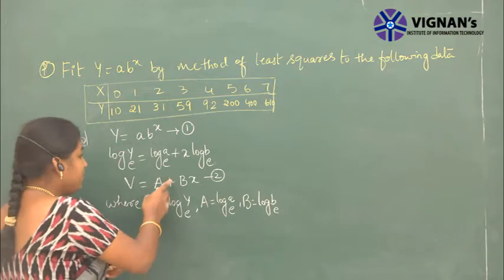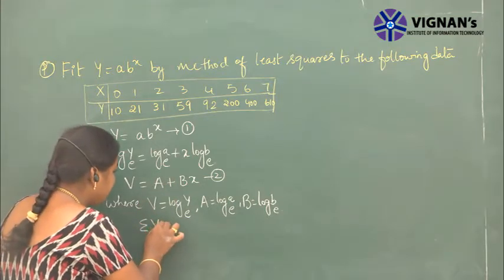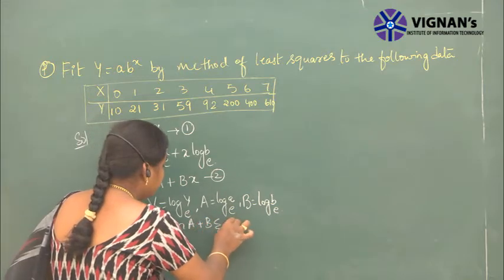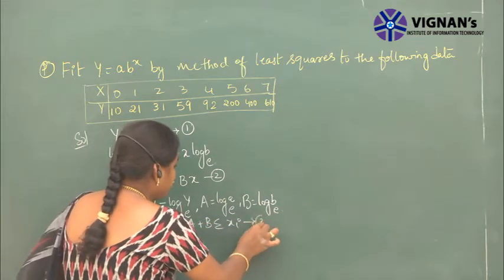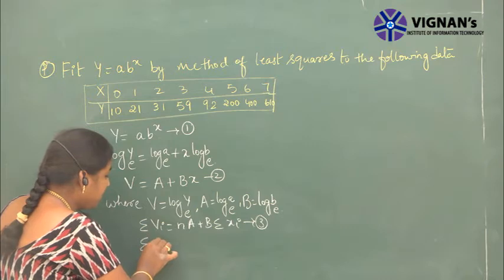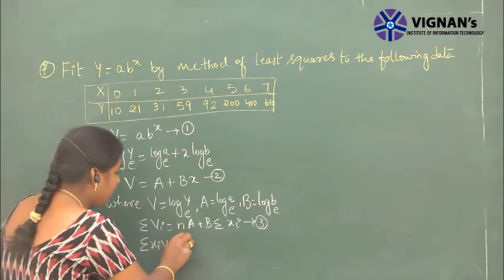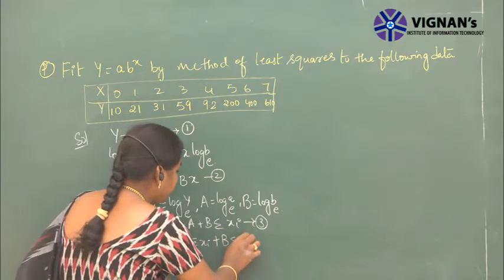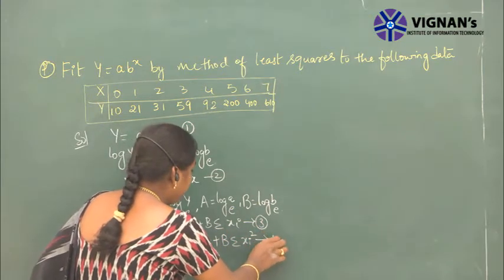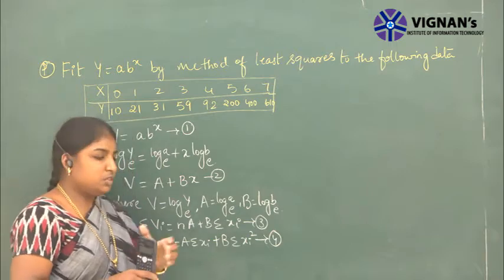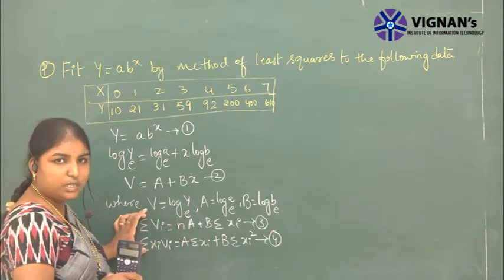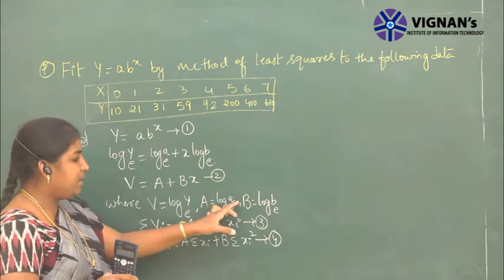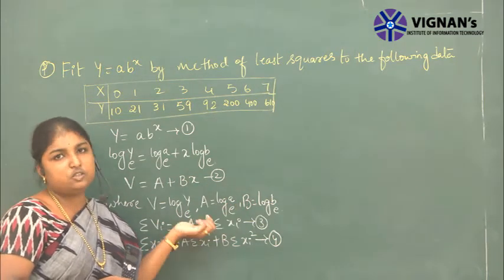The first normal equation is summation Vi equal to N a plus b into summation xi. Let it be equation 3. And summation xi into Vi equal to a summation xi plus b summation xi square. Let it be equation 4. So we are solving these two equations. We get capital A and capital B. Using that capital A and capital B, directly we can find small a and small b.